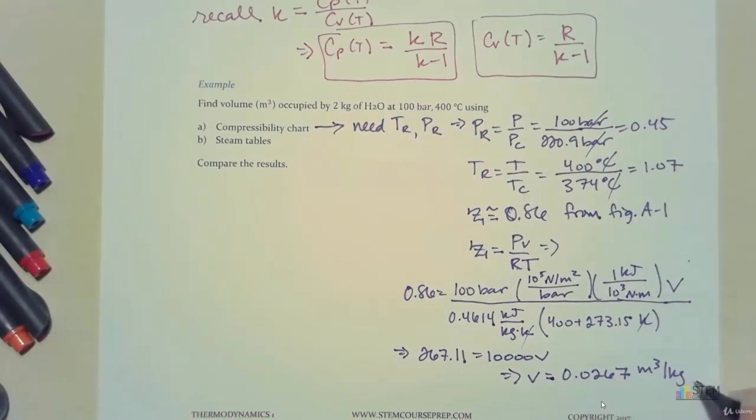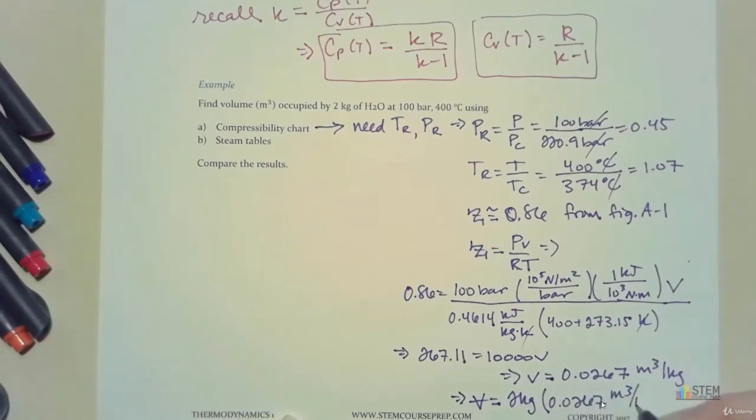Now we don't want specific volume, we want regular volume. We're going to take this number, notice it's got kilograms here in the denominator of the units. All we need to do is multiply by mass to get volume. So volume is going to be 2 kilograms, because that's our mass, times 0.0267 cubic meters per kilogram.